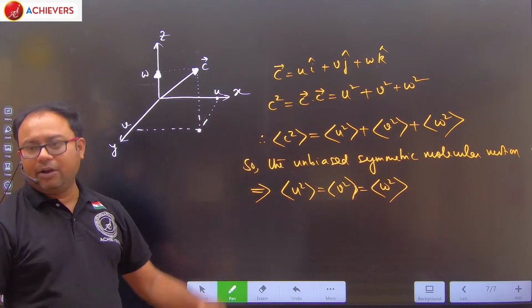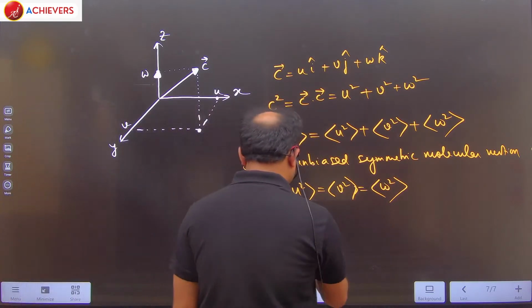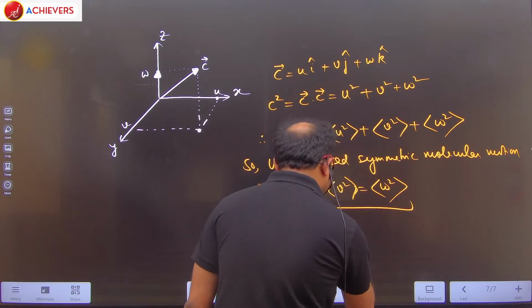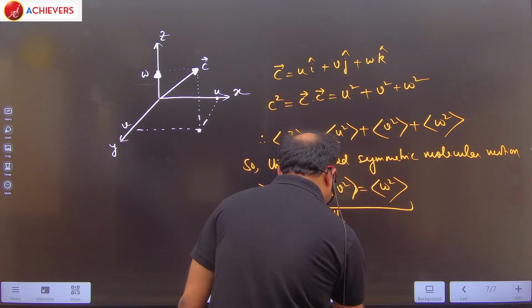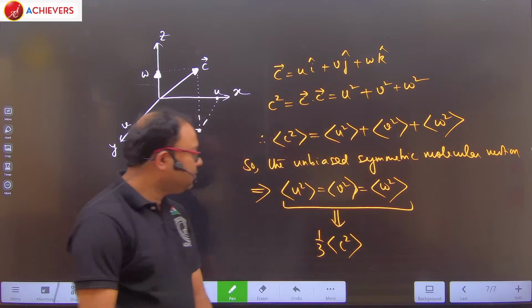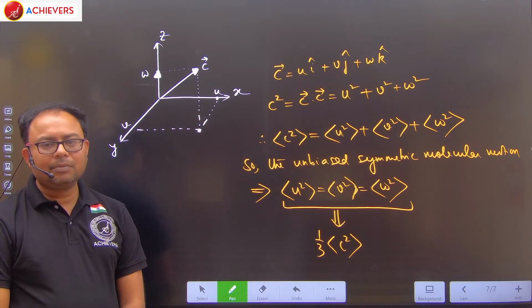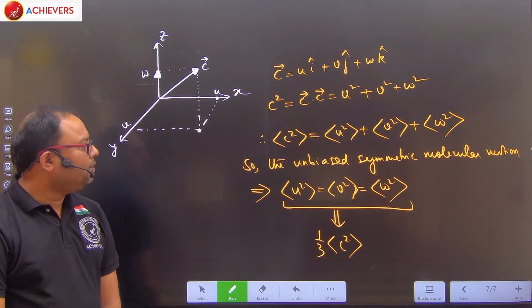And if they are equal, then obviously each of them will be equal to 1/3 c square average.